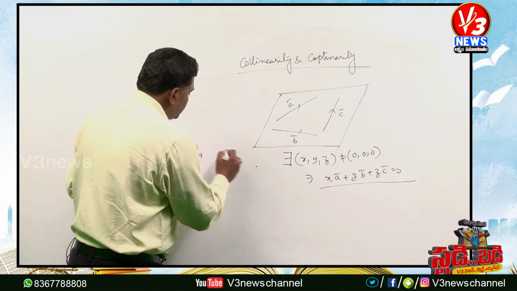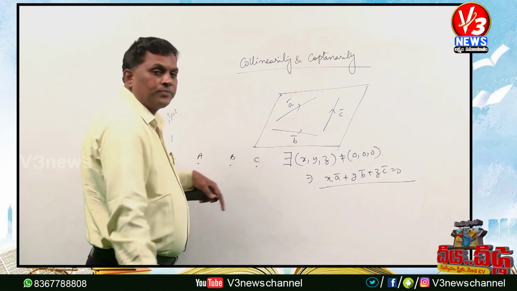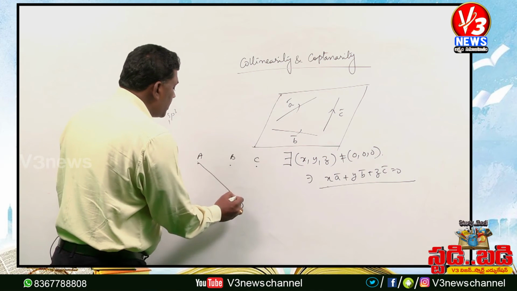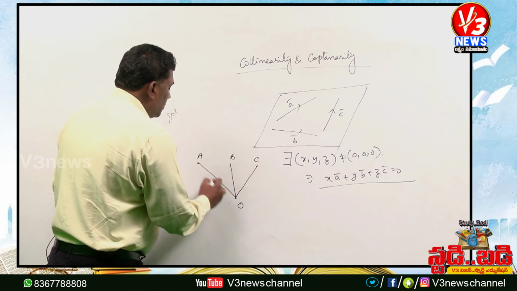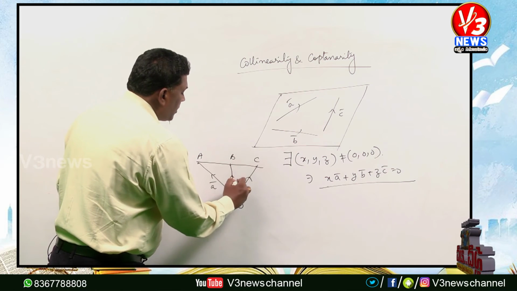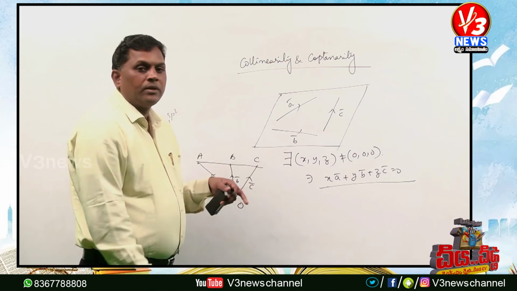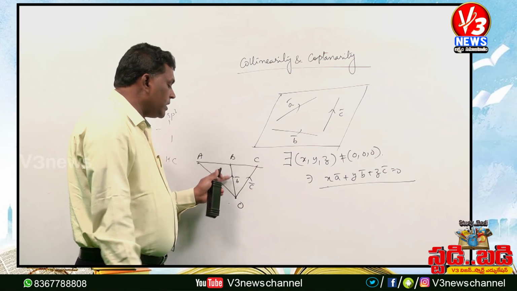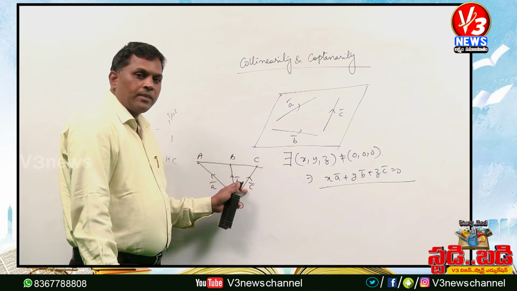Suppose the position vectors of 3 points A, B, C with respect to the origin, OA, OB, OC, are respectively A bar, B bar, C bar.